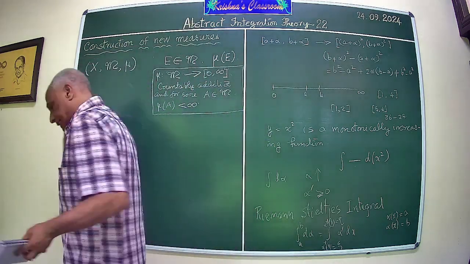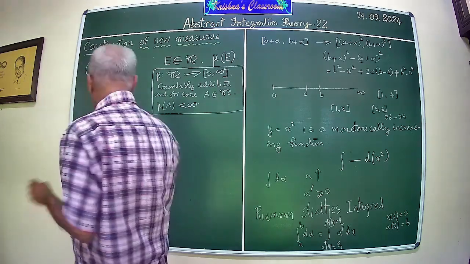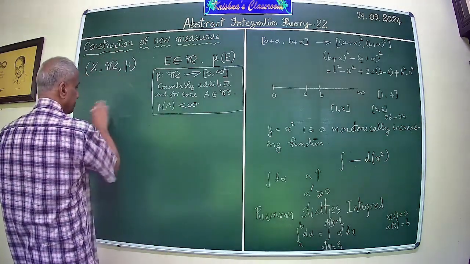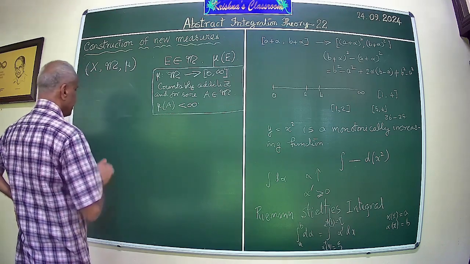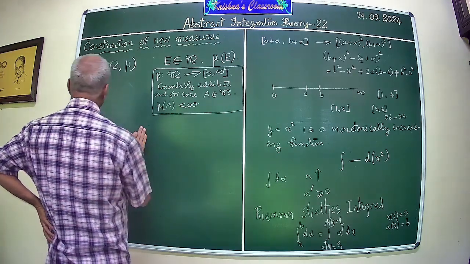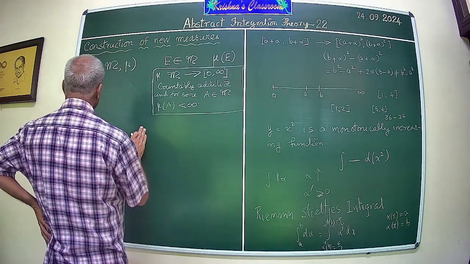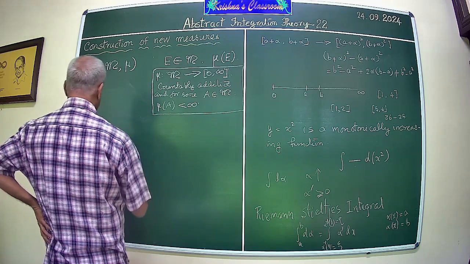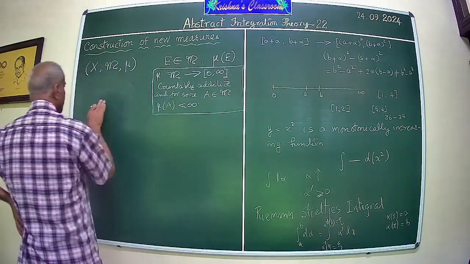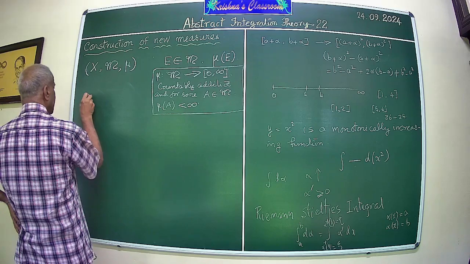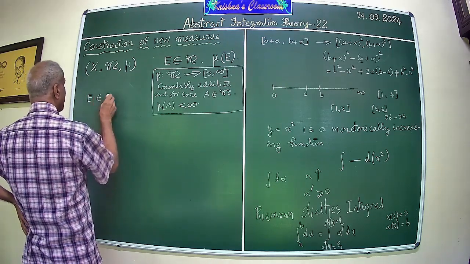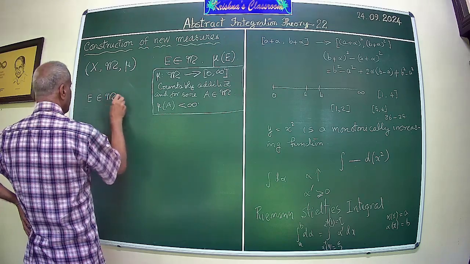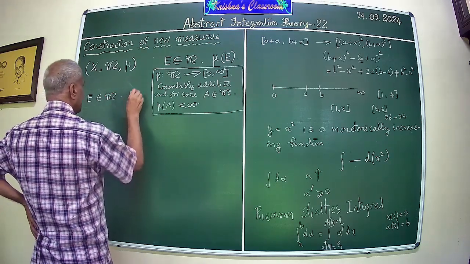So what one does is this. You take E belonging to M, you have mu E already.